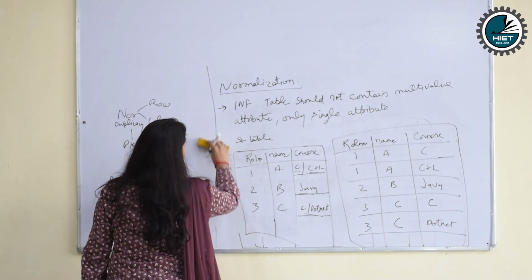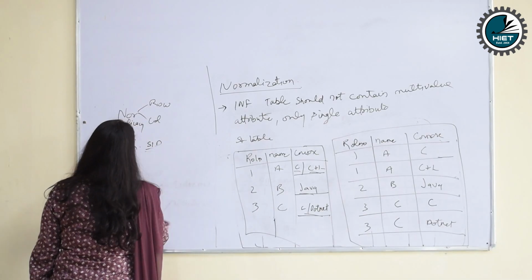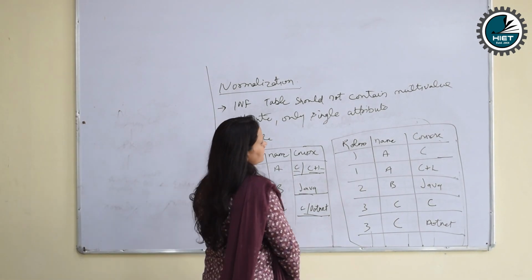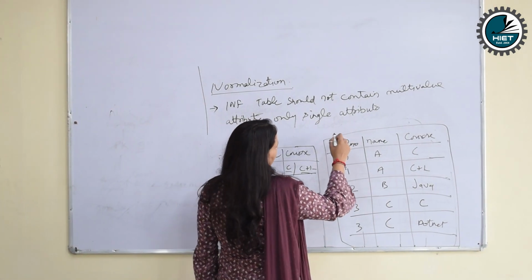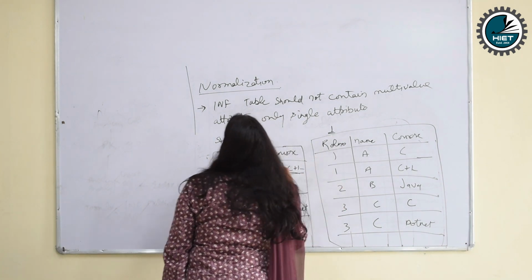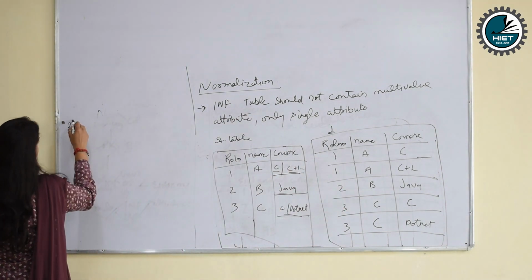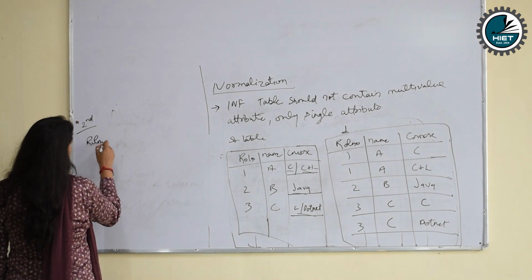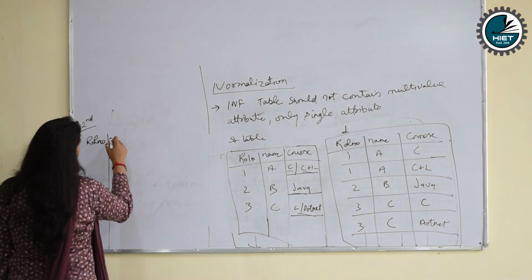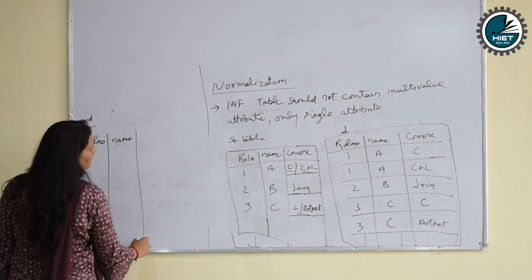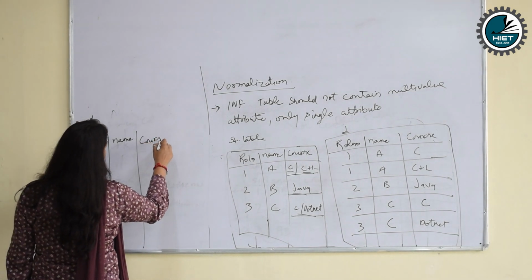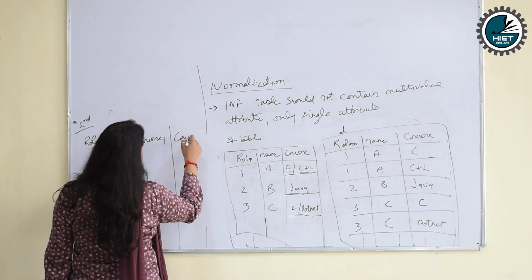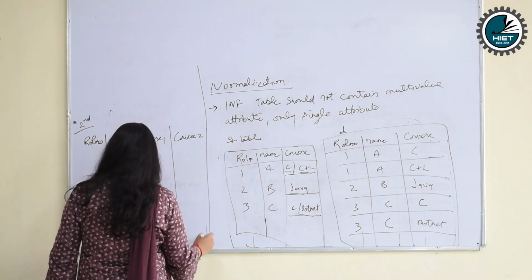Or the second method: roll number, name, course 1 and course 2.